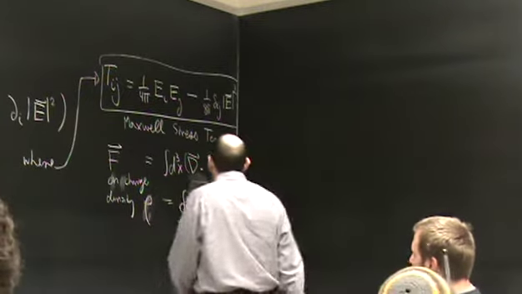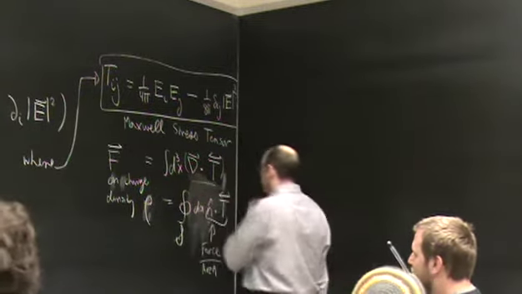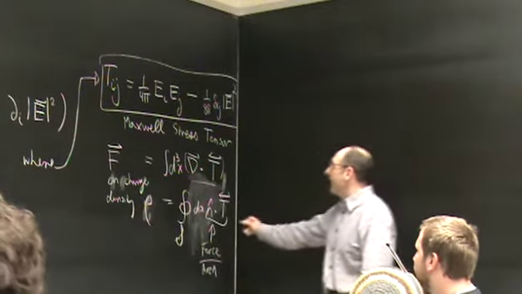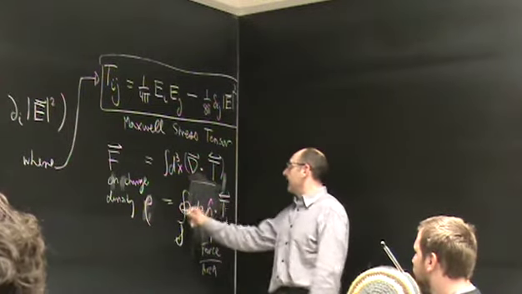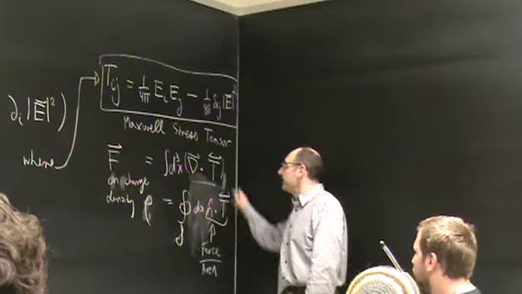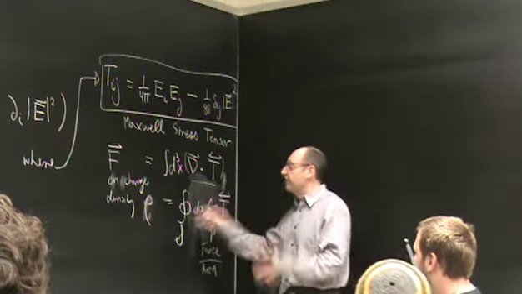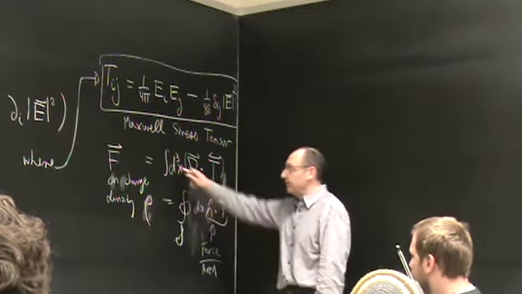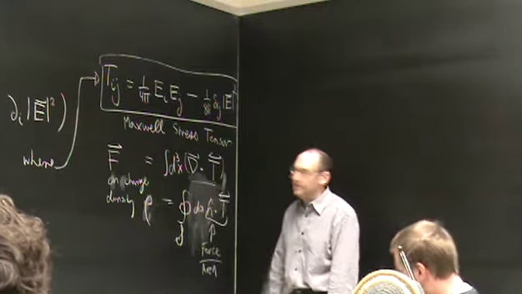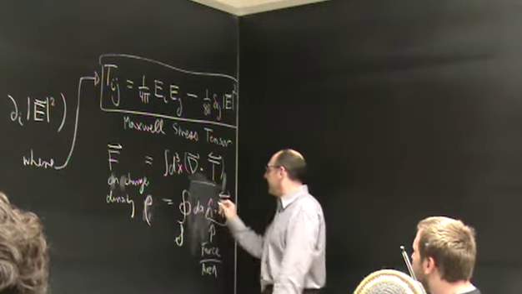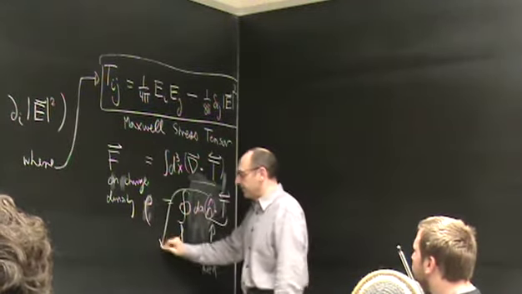So, how do we calculate that force? What it says is that we have to calculate the flux of this quantity out of the surface. The normal here, from Gauss's theorem, is the normal out of the surface.